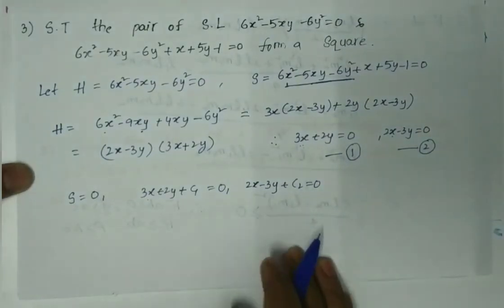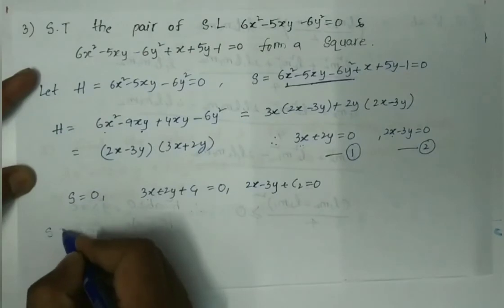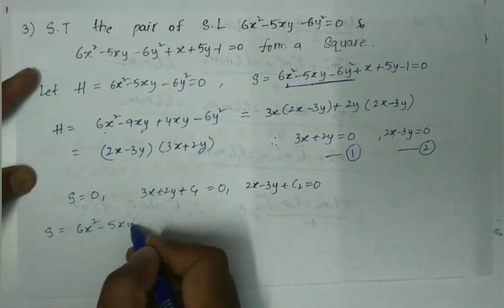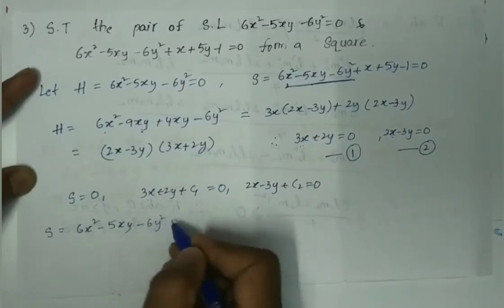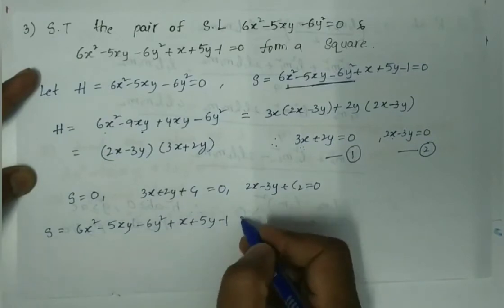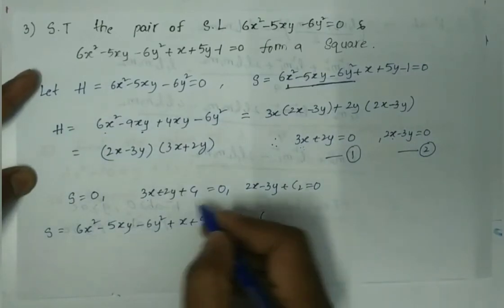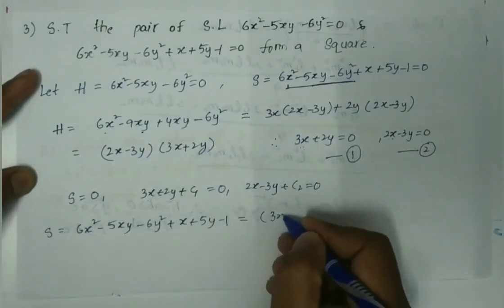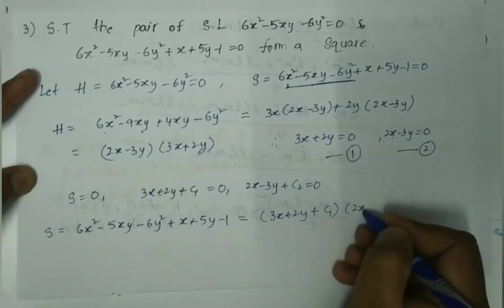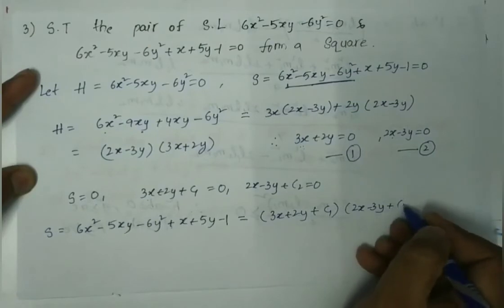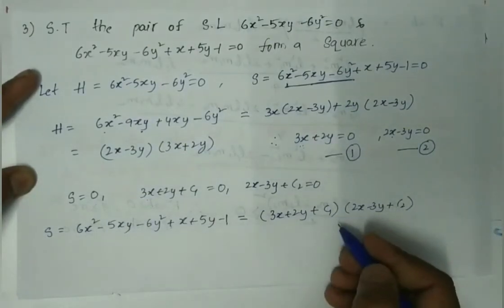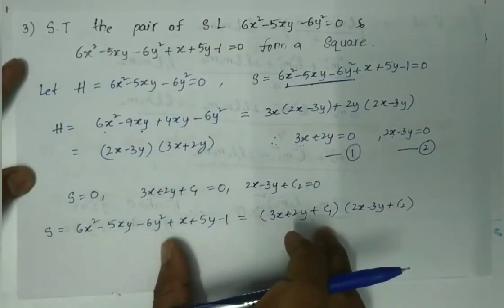Here S, which is 6x square minus 5xy minus 6y square plus x plus 5y minus 1, can be written as the product of these two lines, that means 3x plus 2y plus c1 into 2x minus 3y plus c2. Now we want to find the c1 and c2 values by comparing these two equations.